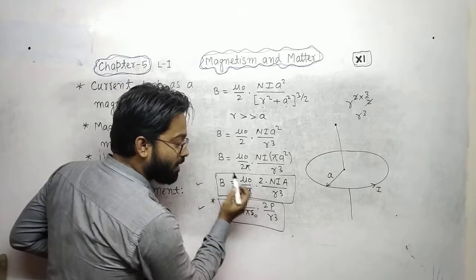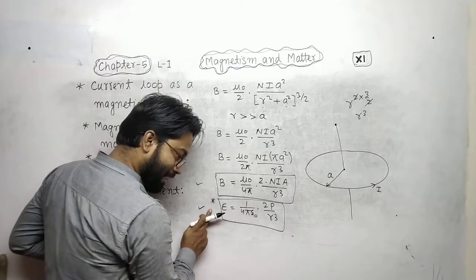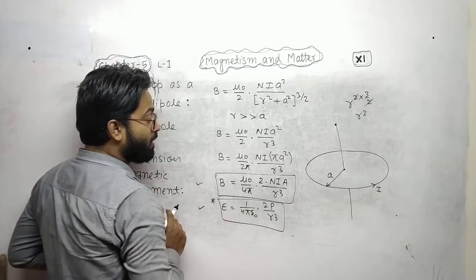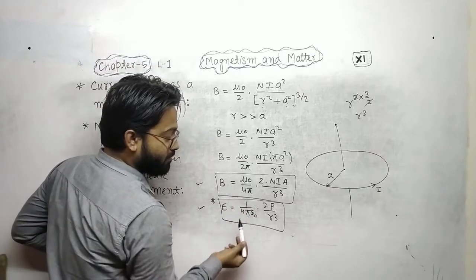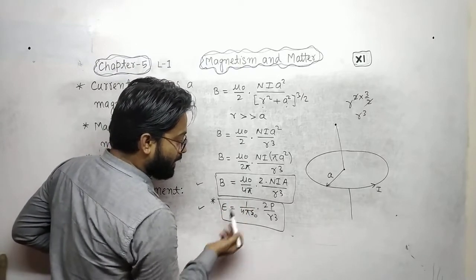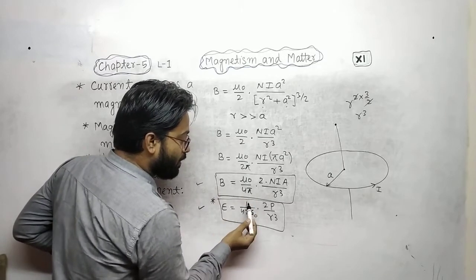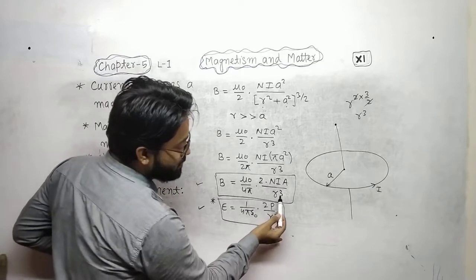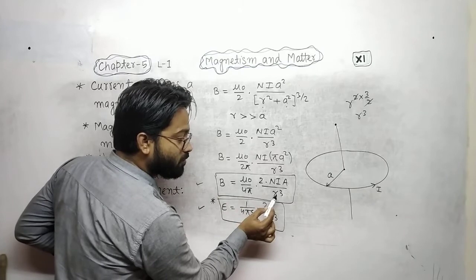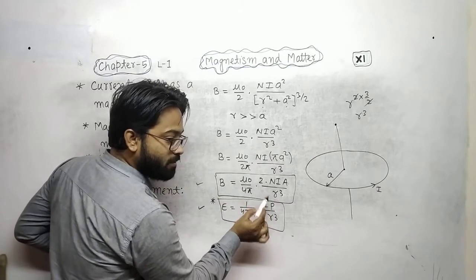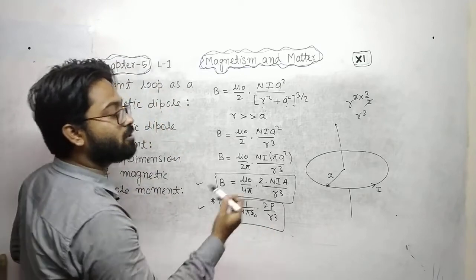Mu naught by 4 pi is a constant for magnetic field, and 1 by 4 pi epsilon naught is the constant for electric field or electrical force. If you compare these two, mu naught by 4 pi is analogous to 1 by 4 pi epsilon naught. This is R cube, this is R cube, meaning magnetic field is inversely proportional to R to the power 3, and electric field is also inversely proportional to R to the power 3.